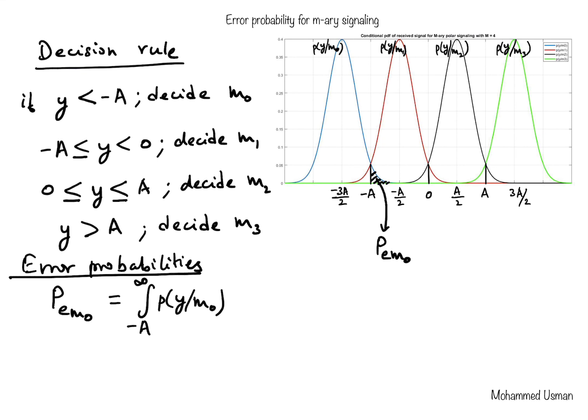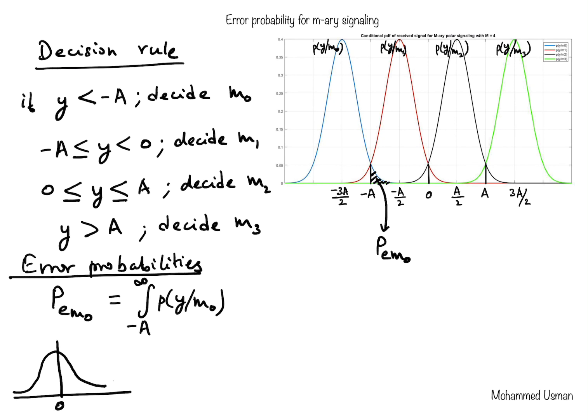Now we want to represent this error probability in terms of the Q function. If you recall, the Q function is the area under the Gaussian PDF. Let me draw that a bit properly.